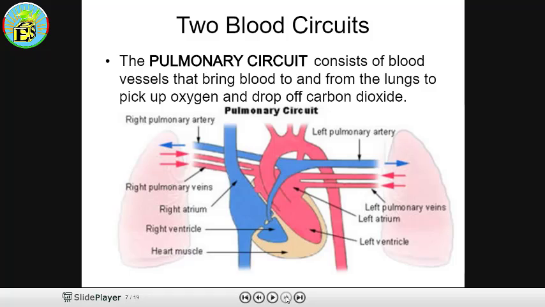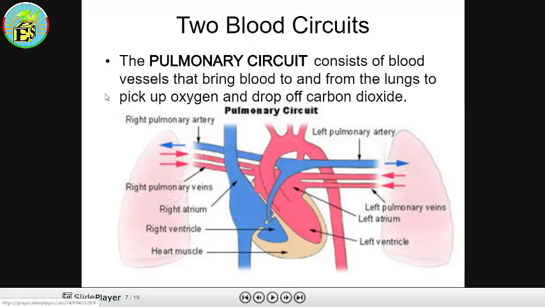There are two kinds of blood circuit. Today we will only discuss the pulmonary circuit. The pulmonary circuit consists of blood vessels that bring blood to and from the lungs to pick up oxygen and drop off carbon dioxide.